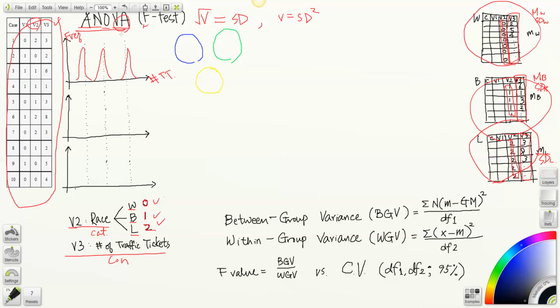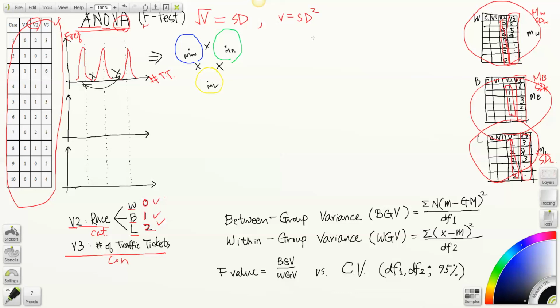This is actually a conversion of this first scenario. So they are distinctively different, just like here, and there's no overlap between the subsamples, and this is the center of the white subsample. So this is the mean number of tickets for the white subsample. This is the mean for black and the mean for Latinos.